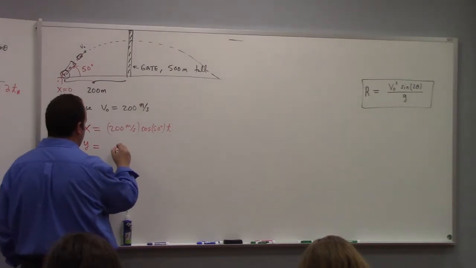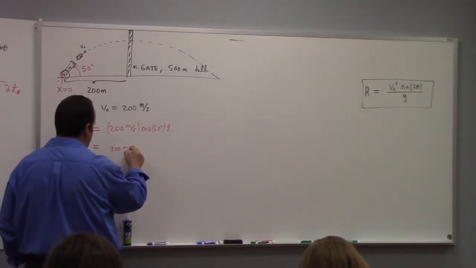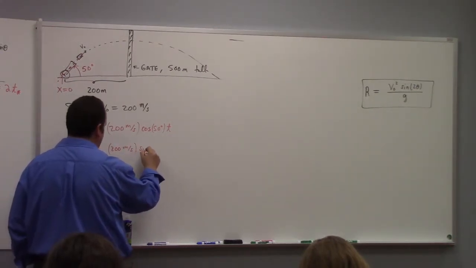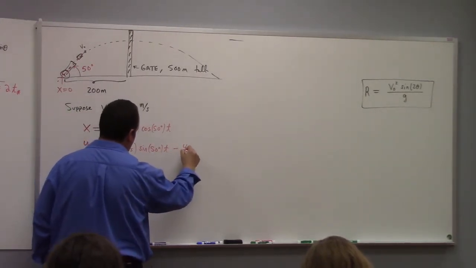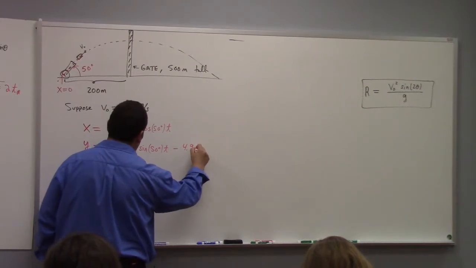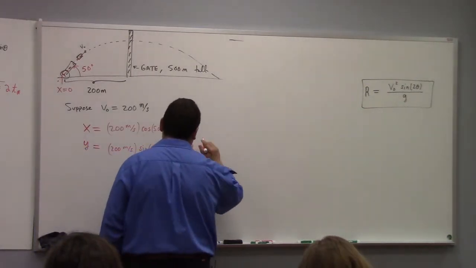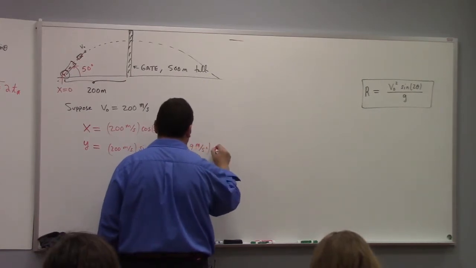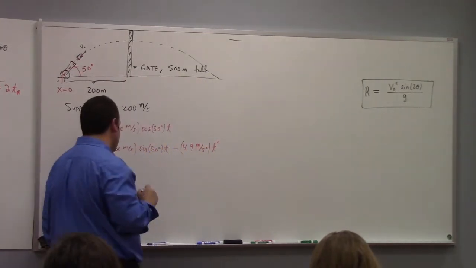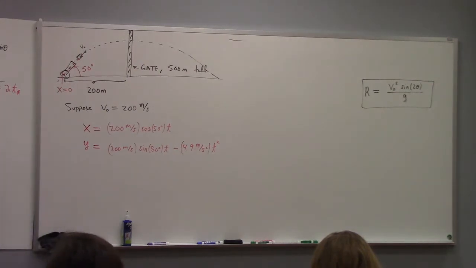Well, we've got 200 meters per second times the sine of 50 degrees times time, minus 4.9 meters per second squared times time squared. That's this equation right here, just with numbers put in.